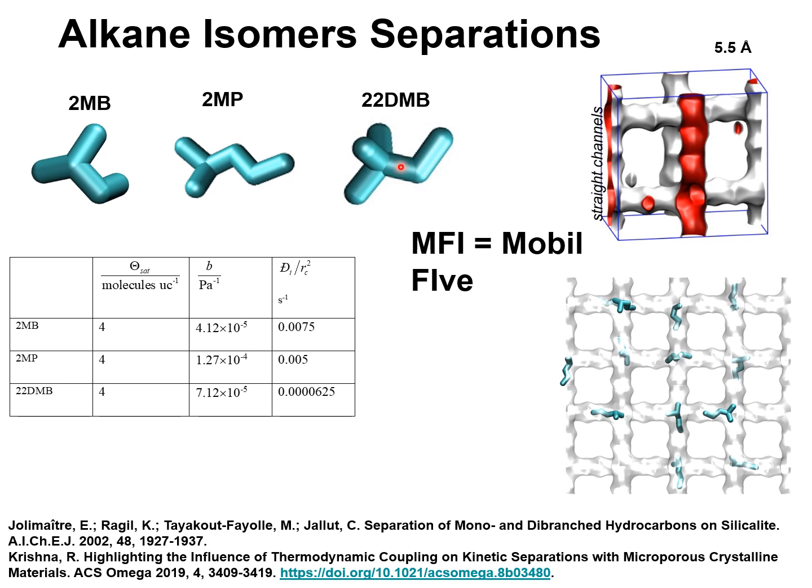Therefore, within the intersecting channels of MFI zeolite, 2-methyl pentane has the highest adsorption strength, but the di-branched 2,2-dimethyl butane has the lowest diffusivity. Let's examine how adsorption strengths and guest mobility play out against each other.